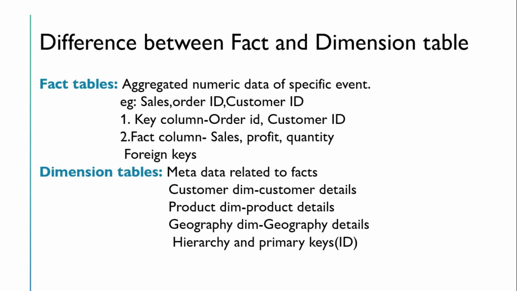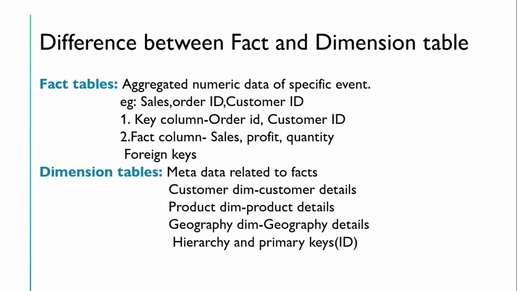First is the key column and second is the fact column. In key columns we get the foreign keys like order ID, customer ID, and in fact columns we have numeric or aggregated data like sales, profit, quantity, etc. So in fact tables there are foreign keys, and in dimension tables there are primary keys.